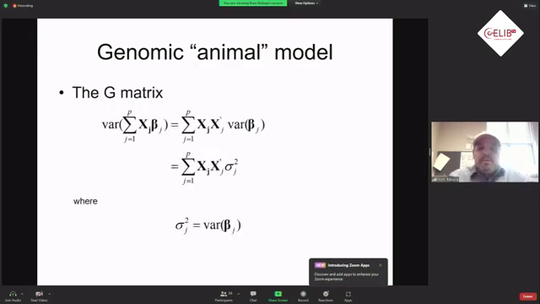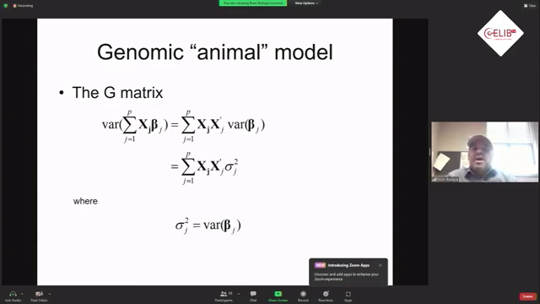So you can see that there is a relationship between what we were doing before and what we are doing now, except that in one case we are modeling the SNP effect, and then we get the genomic breeding value. Now we are modeling the genomic breeding values, and from there we can get our SNP effect if you choose to.